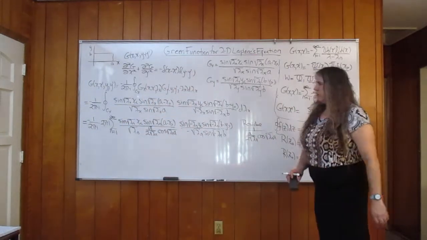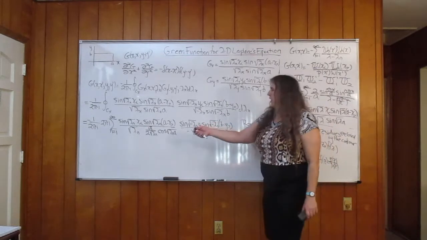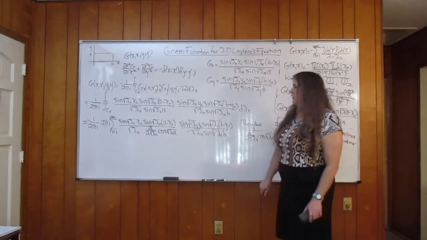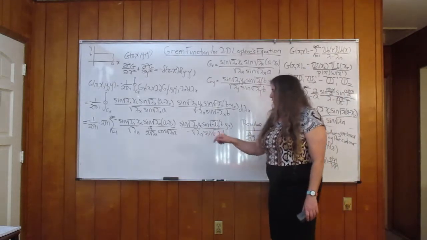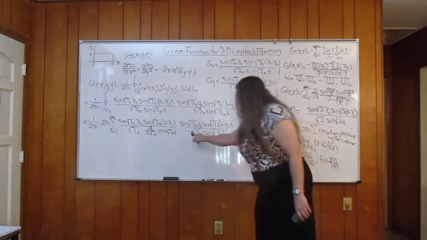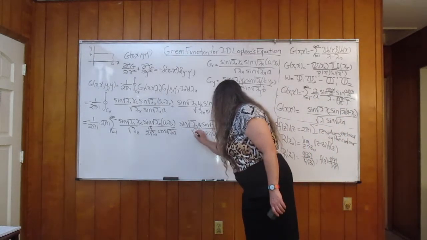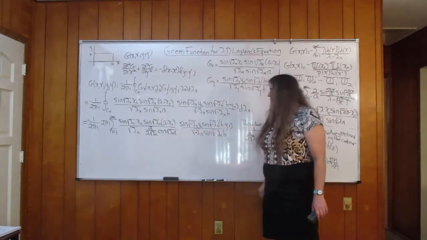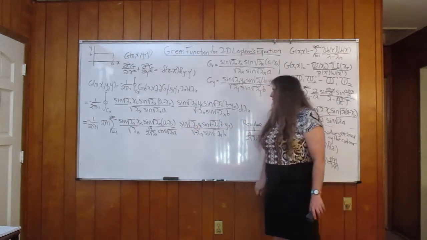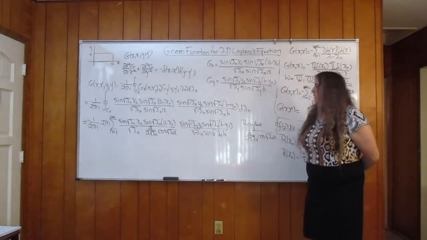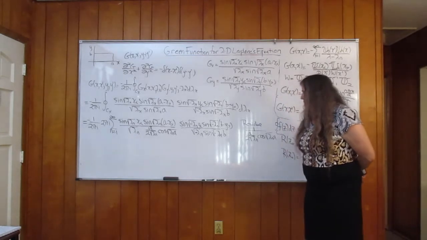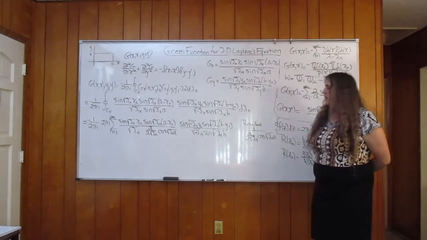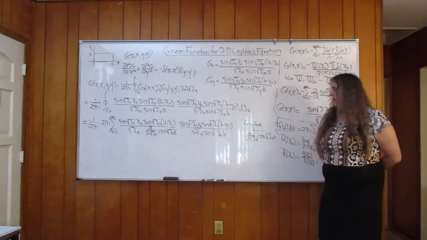Okay, so this is equal to minus 1 over 2 pi i, summation n equals 1 to infinity, sine square root of lambda n x less than, sine square root of lambda n, a minus x greater than, all over square root of lambda n, oops, I should be inside the square root sign, square root of lambda n a over 2 square root of lambda n, cosine square root of lambda n a, and we have sine square root of minus lambda n y less than, sine square root of minus lambda n, b minus y greater than, all over minus square root of minus lambda n, sine of square root of minus lambda n times b.